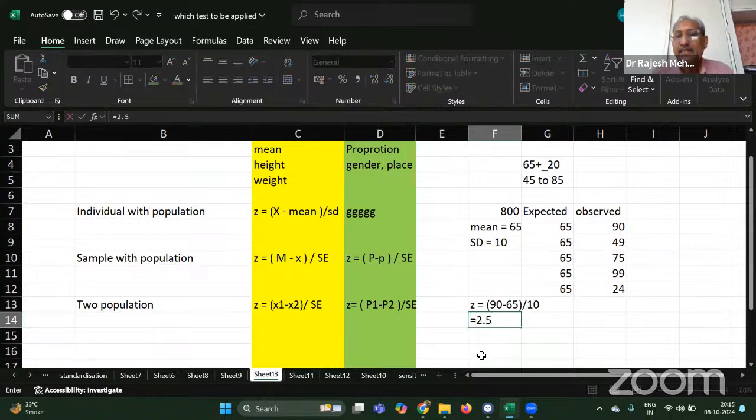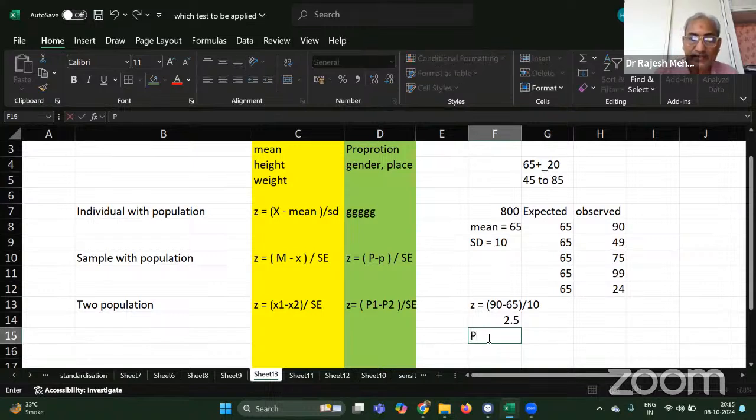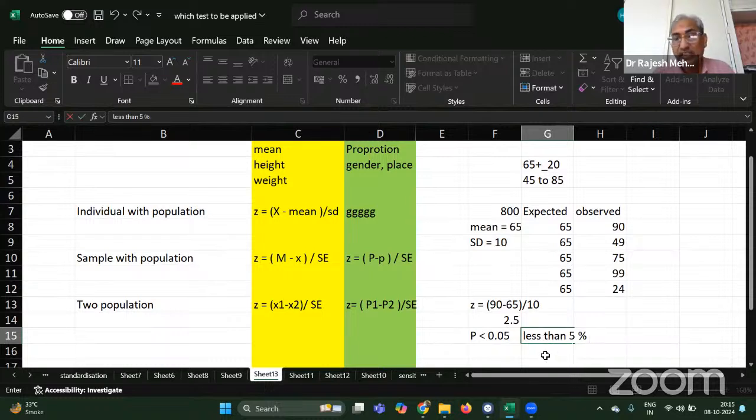So we can say that the distance between the expected and observed value is more than 2 standard deviations. So the probability that this event is occurring by chance is less than 0.05, or we can say less than 5%. Why less than 5%? Because 95% will be between the range of 45 to 85.